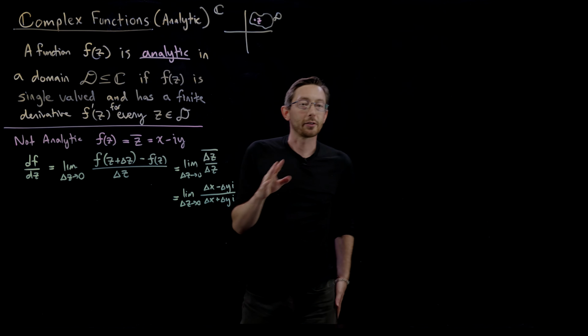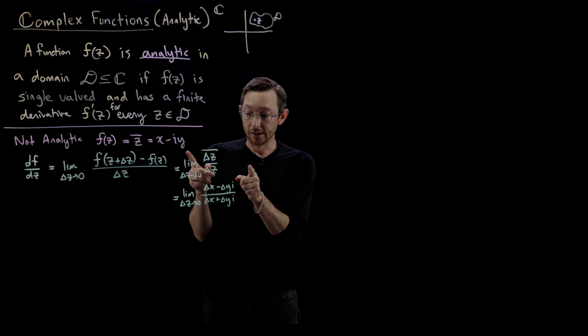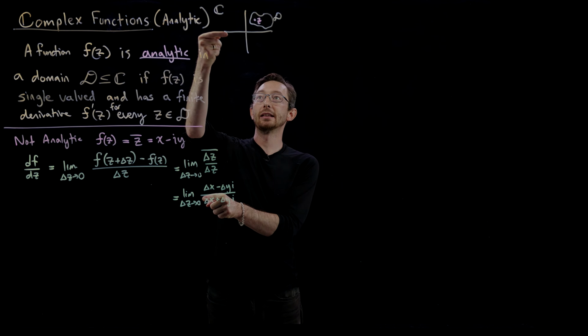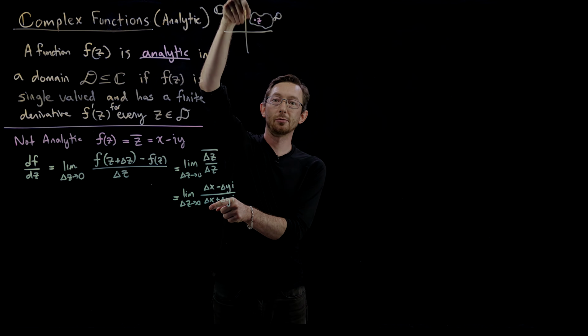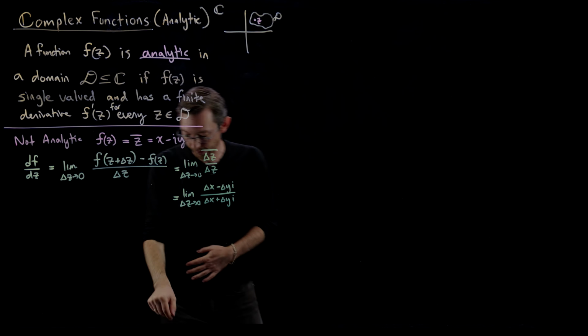But this is where it gets really weird: this derivative is totally different if I take delta z infinitesimal in the real direction versus if I approach infinitesimal changes in the y, or the imaginary direction. So that's what I'm going to show you here.